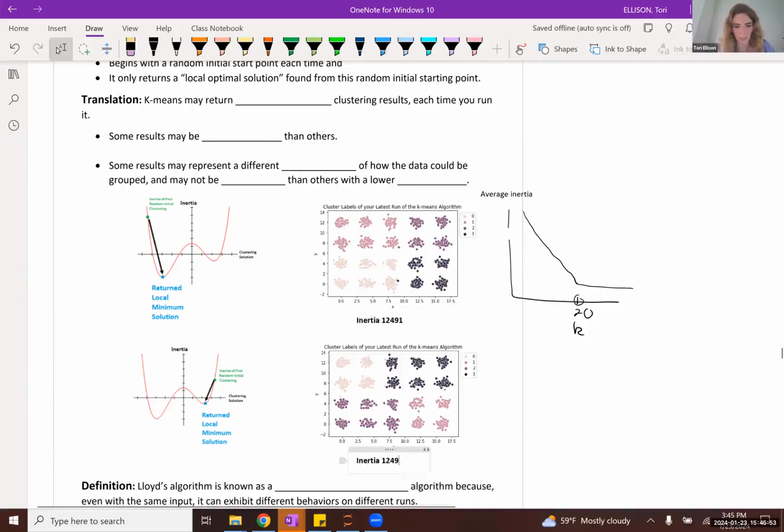And then this clustering, I believe, had an inertia of something like this. So in theory, these are two separate clusterings of the same data set, and we might say, well, this clustering is the better one. But given what we're seeing here, that's not necessarily the right approach. Who's to say that this is actually a better clustering than this clustering?